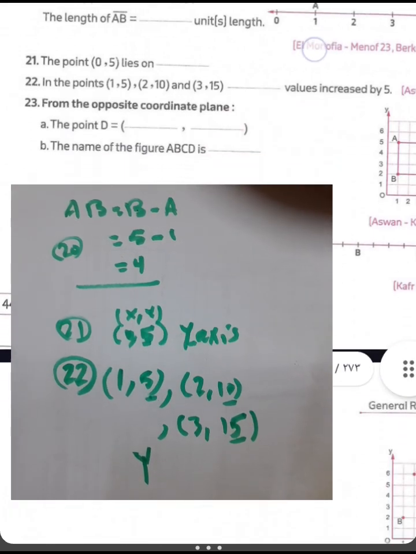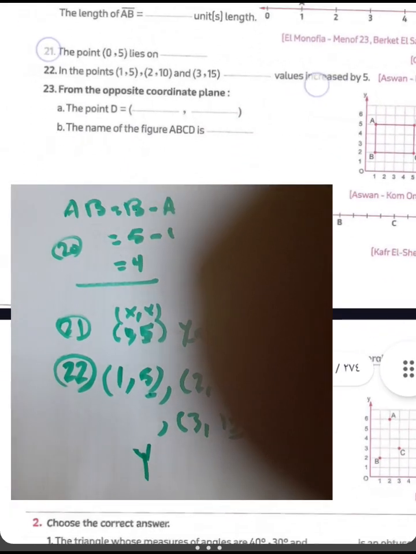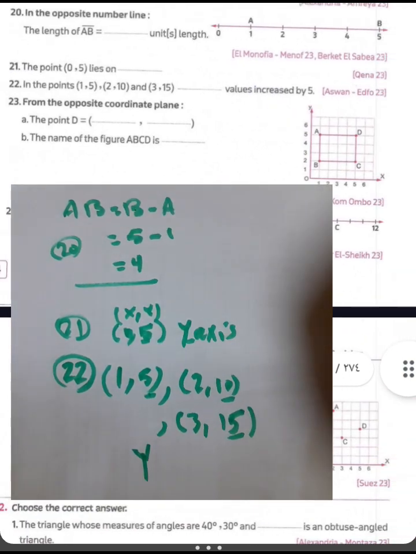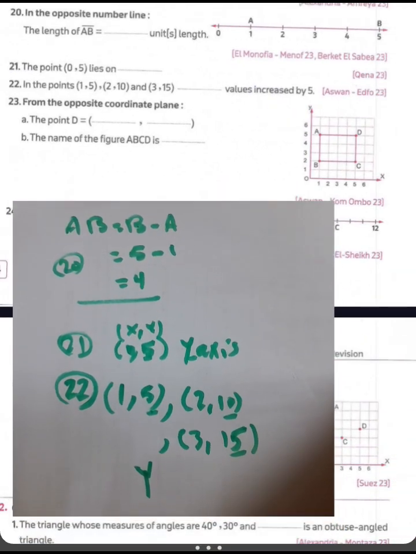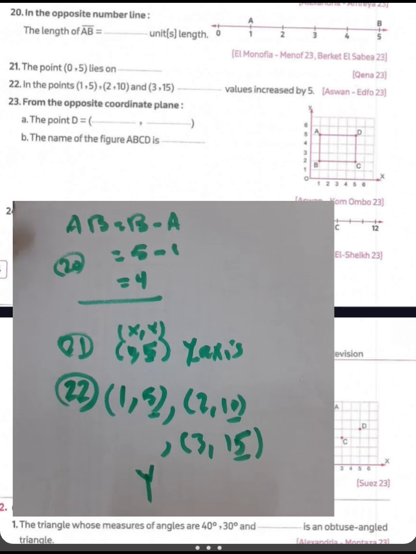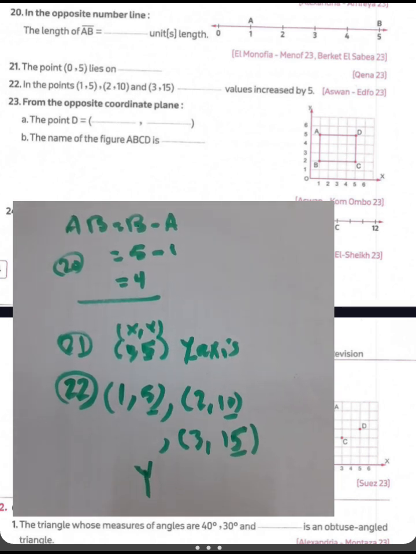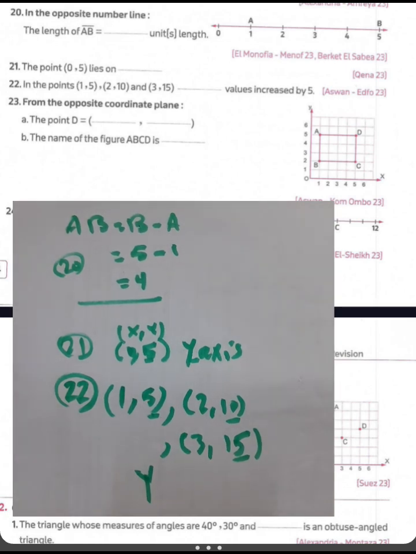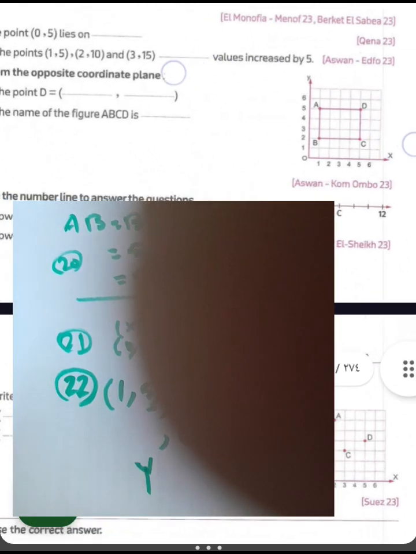Question 23. We want to find the point D from the coordinates and name the figure. We can find the order of point D by looking at the graph.